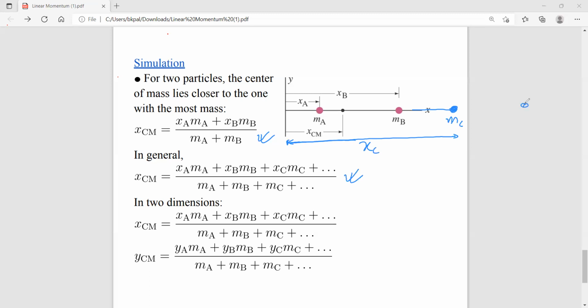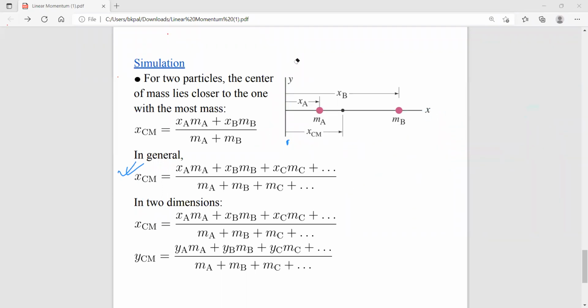Let's say we have another object, MD, so this will be MD XD. You see that we always have to use the same line. Here, this is the reference line to measure the distances. All right, so in general, this is the relation for determining the center of mass.